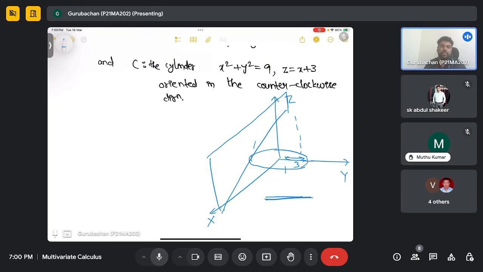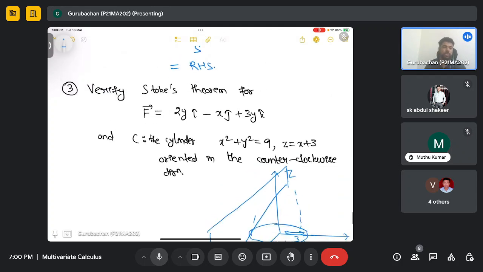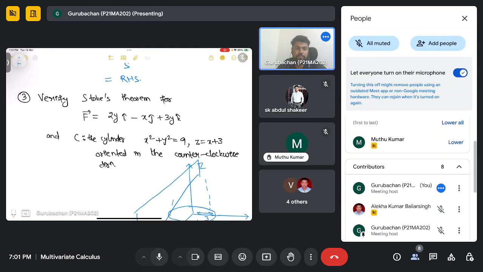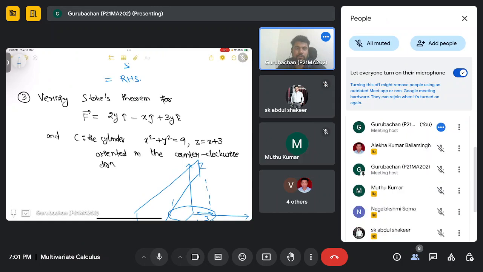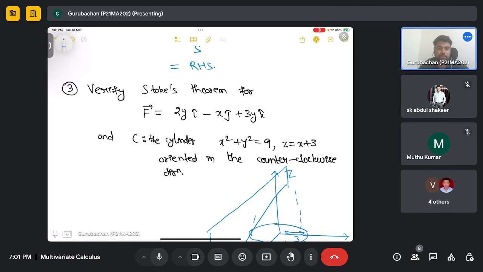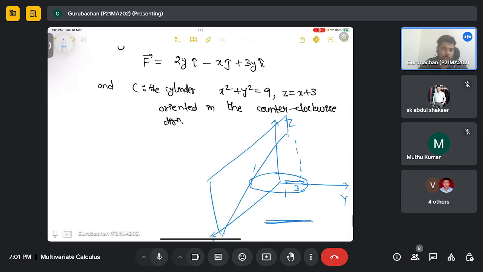That is why we can apply Stokes theorem here. Now try this one. This is a really rough diagram, so don't rely on that.